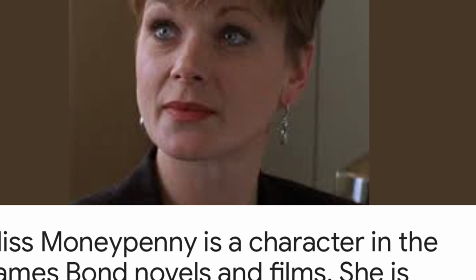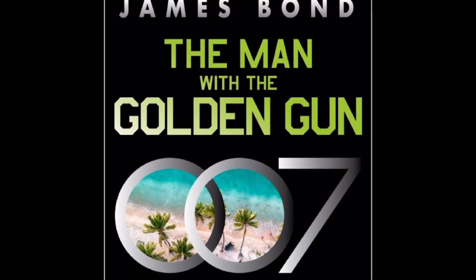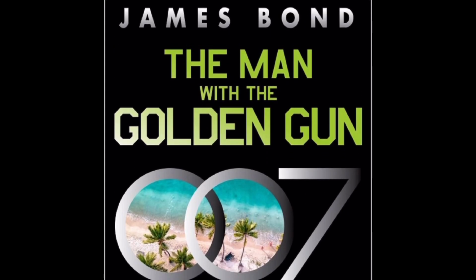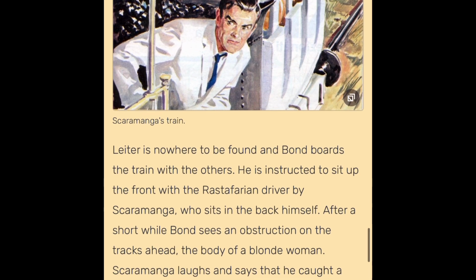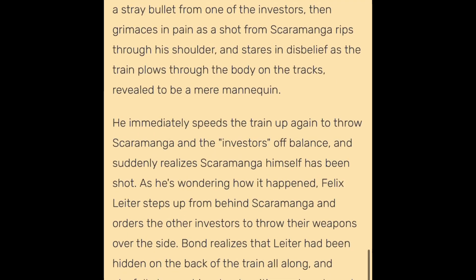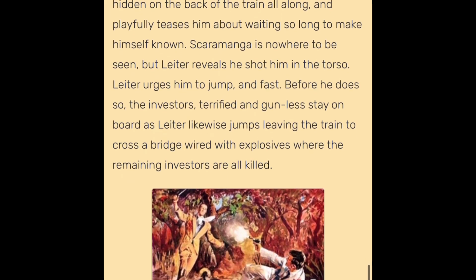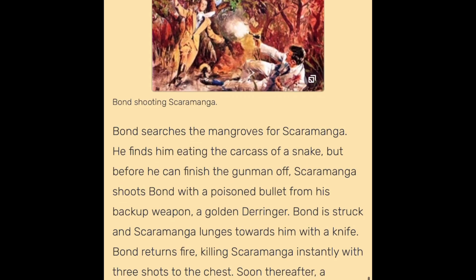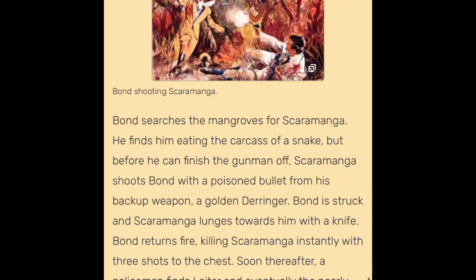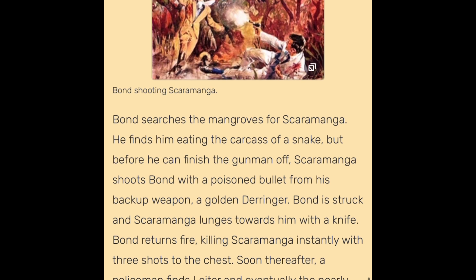And after he saves her from getting pinched to death by crabs, I would switch gears and have the movie be based on the novel The Man with the Golden Gun, more specifically starting at the train part with Dr. No replacing Francisco Scaramanga, Moneypenny replacing Mary Goodnight, and Quarrel Jr. replacing Felix Leiter, with it pretty much ending the same way as The Man with the Golden Gun novel.